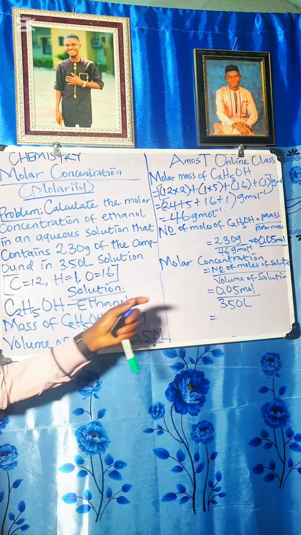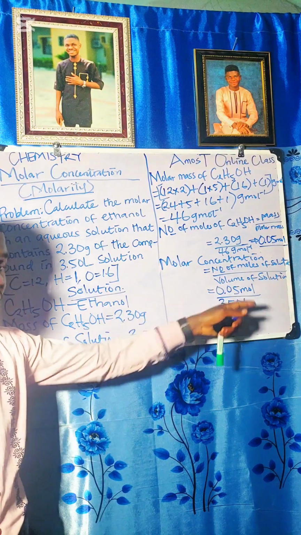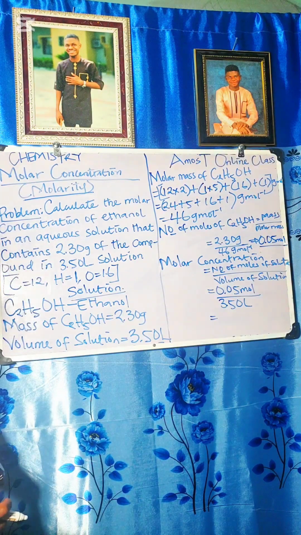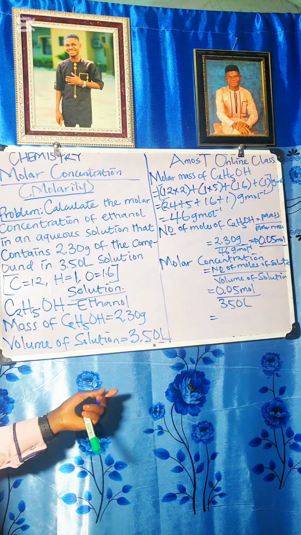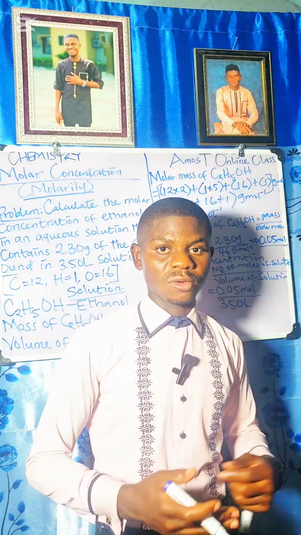So if you divide 0.05 mole by 3.50 liters, we're going to have 0.0143 mole per liter, because mole is dividing liter. So we have 0.0143 mole per liter, or molar. Another unit for molar concentration is molar, or mole per liter.